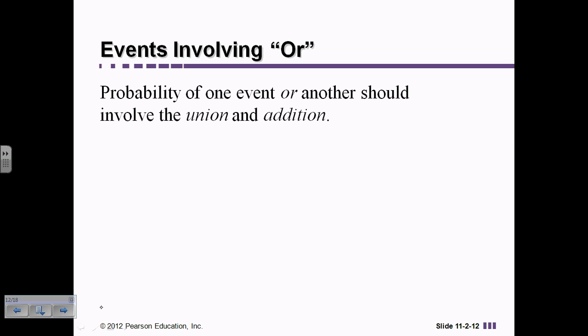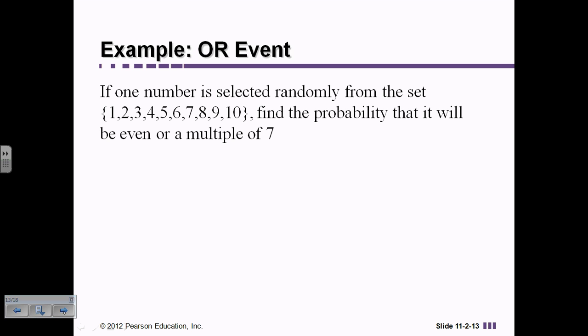Okay. So the probability of one event or another event is what we call the union, and for union, we always use addition. So let's look at an example with union. If one number is selected randomly from the set 1, 2, 3, 4, 5, 6, 7, 8, 9, 10, find the probability that it would be an even number or a multiple of 7.